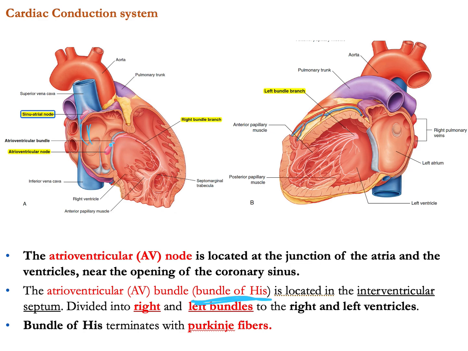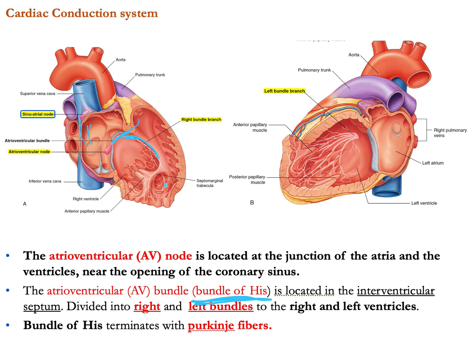The bundle that is located in the interventricular septum will be divided first into right and left bundles, of course the right to the right side of the heart and the left to the left ventricle. As I mentioned, the bundle of His is divided into right and left and continues.